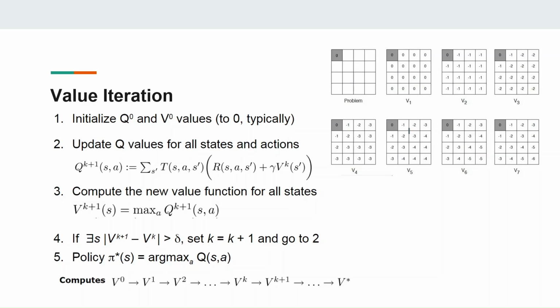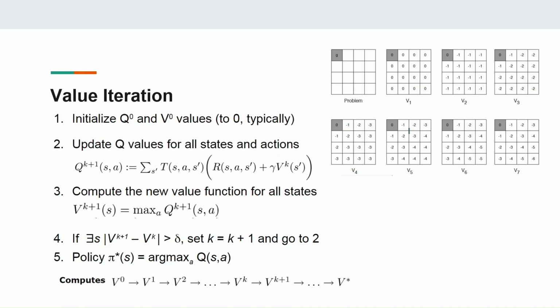This is about the state and the actions, I believe. Then we can update the value for every single state. And then, again, what this just says, if the change for any given state is bigger than our threshold, we do the entire thing again because we haven't gone to the optimal point yet.